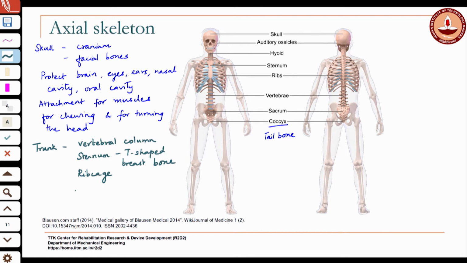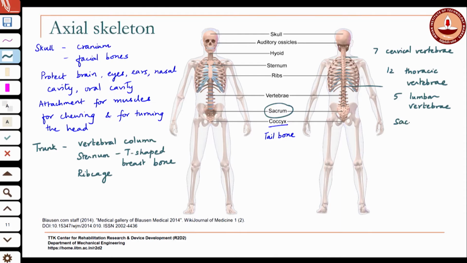So, in the vertebral column you have 7 cervical vertebrae. Then you have thoracic vertebrae, that would be 12 thoracic vertebrae. Then you have 5 lumbar vertebrae, and then you have this funny shaped bone called the sacrum.